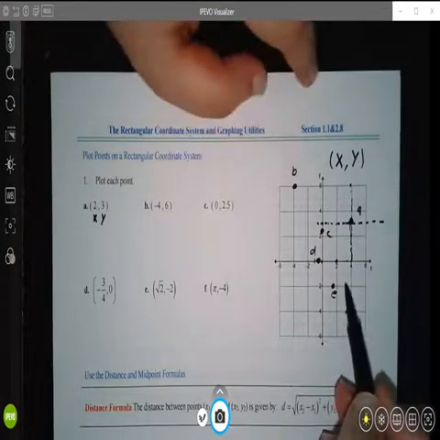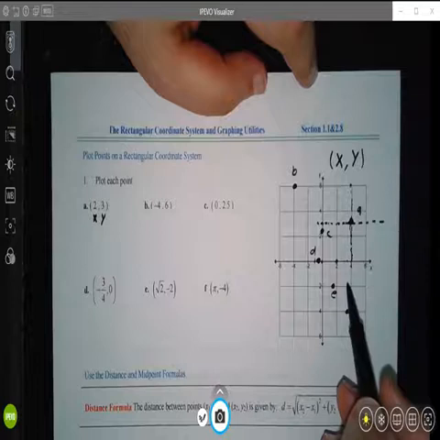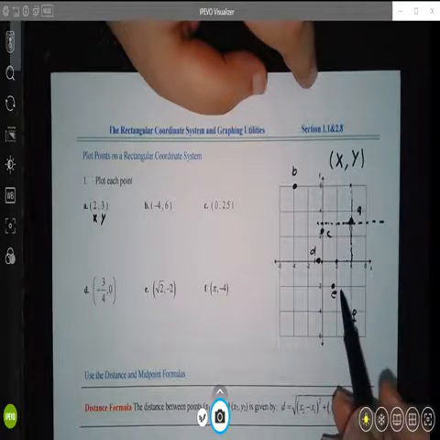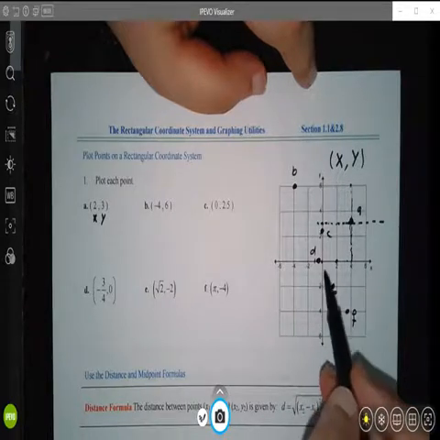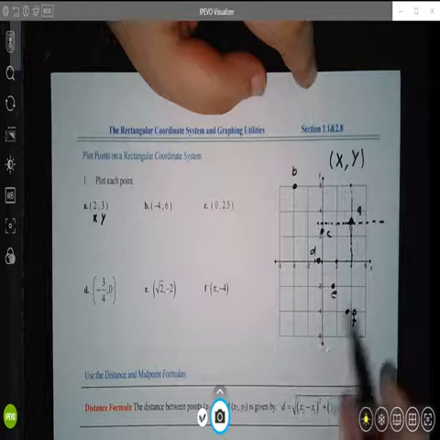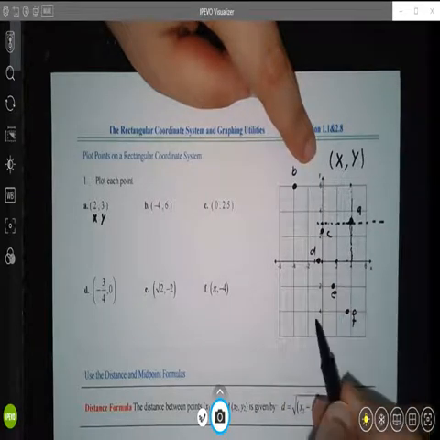Okay, quick question. Why is A plotted as 4, 3? You're right. I did plot it as 4, 3. Thank you for spotting that. I counted it incorrectly, because the axis, as you can see, is 2, 4, 6, even numbers.